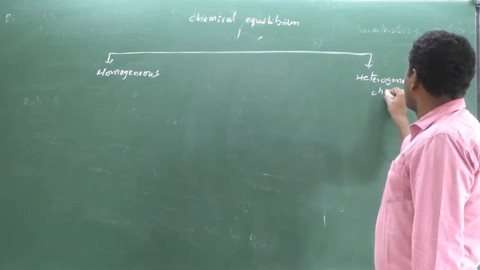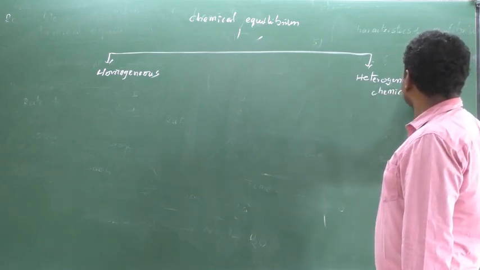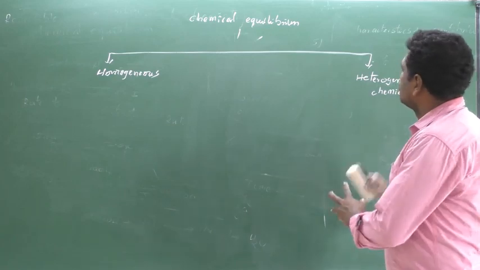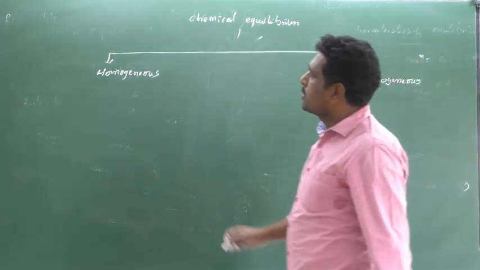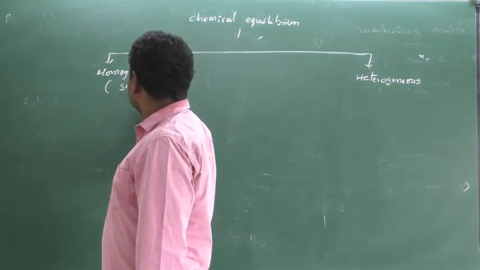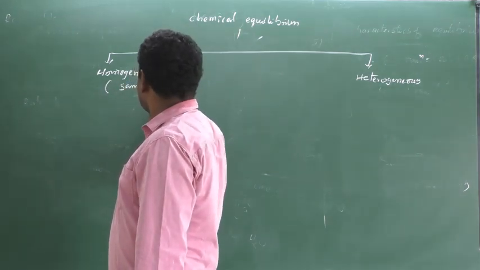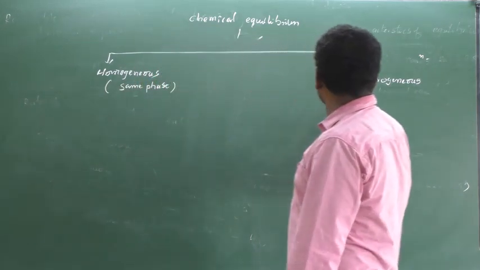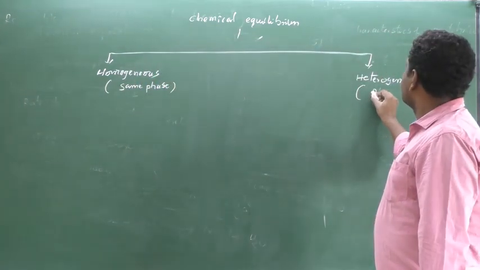Homogeneous means reactants and products are in the same phase, the same physical state, and heterogeneous means the reactants and products are in different physical states.